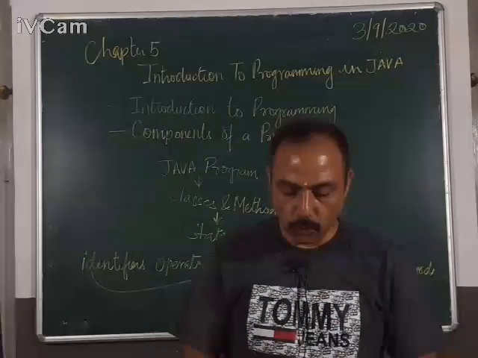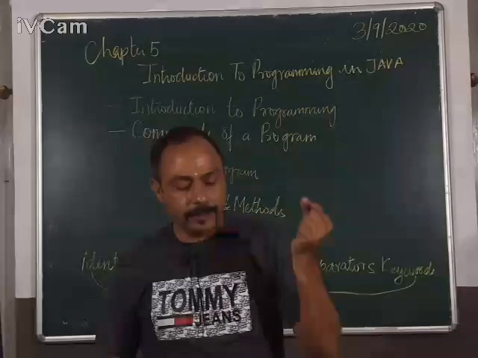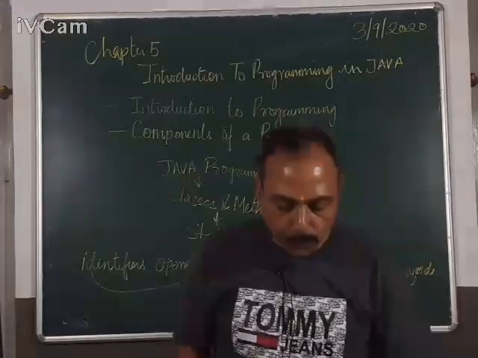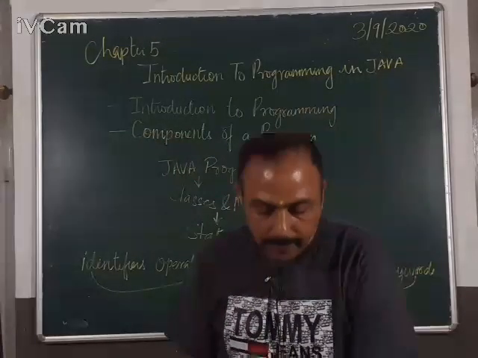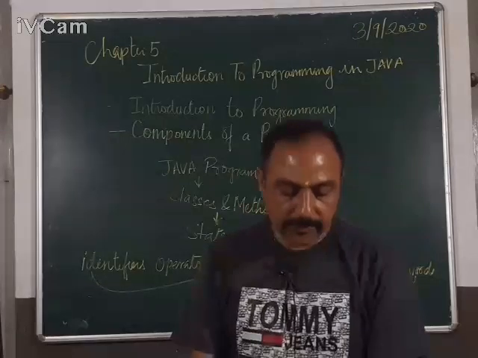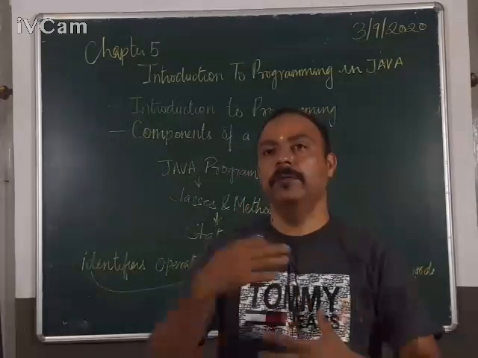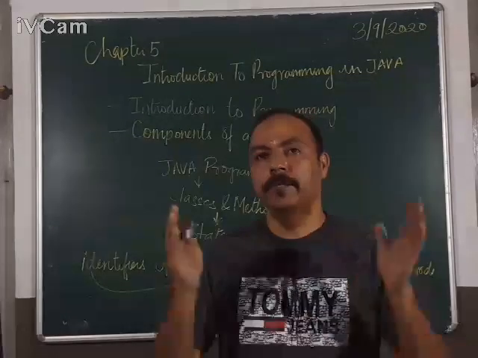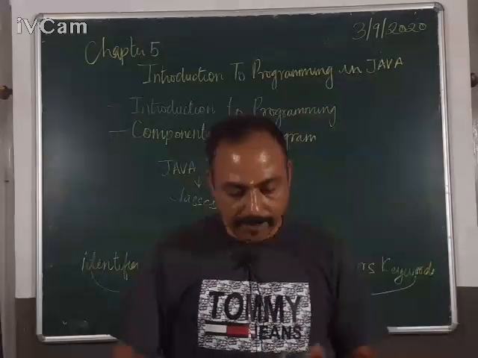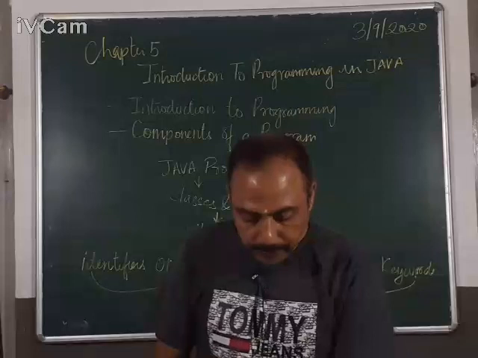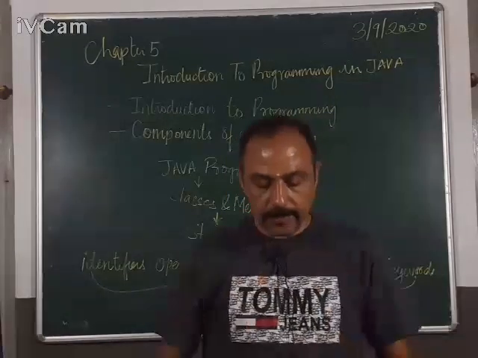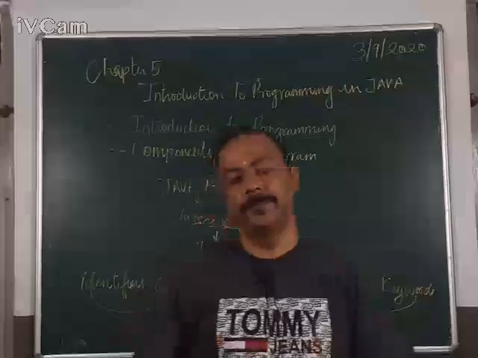That is called a token. A token is the smallest individual unit in a program which is obtained after the compiler breaks each statement. So when you are compiling the program, the compiler breaks the statement, and this token is the smallest unit.